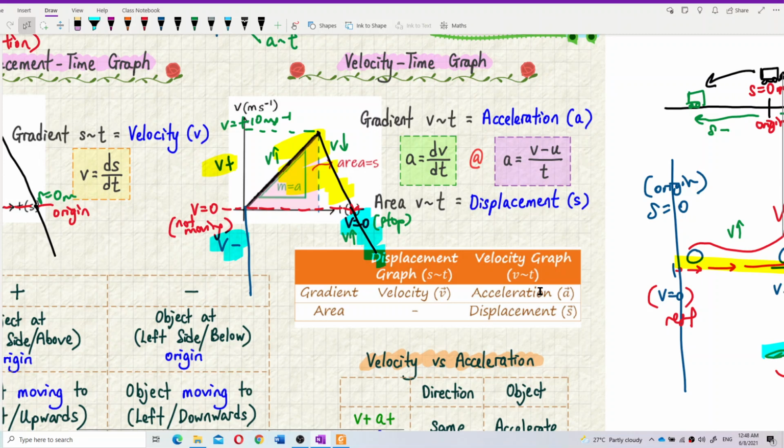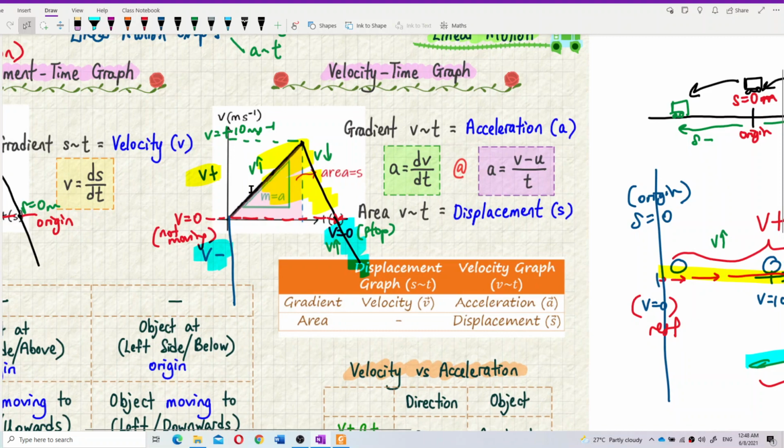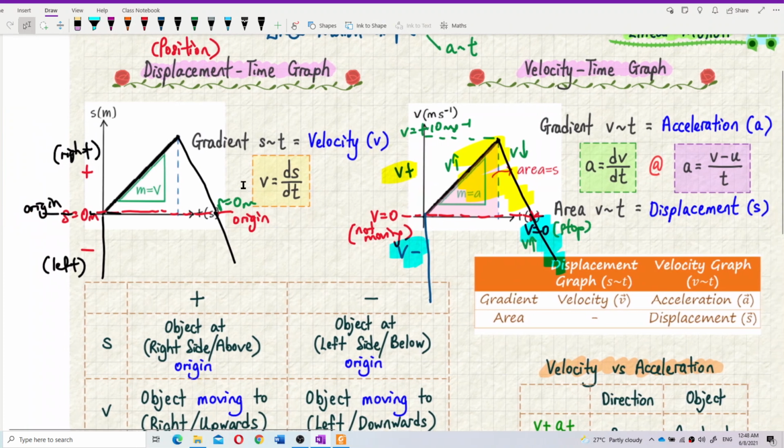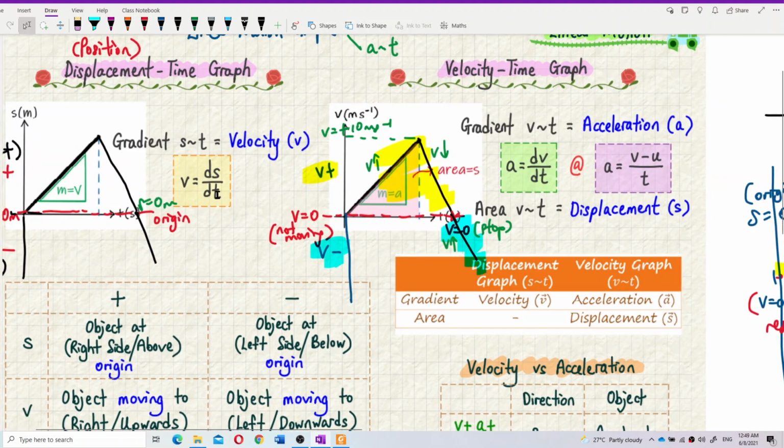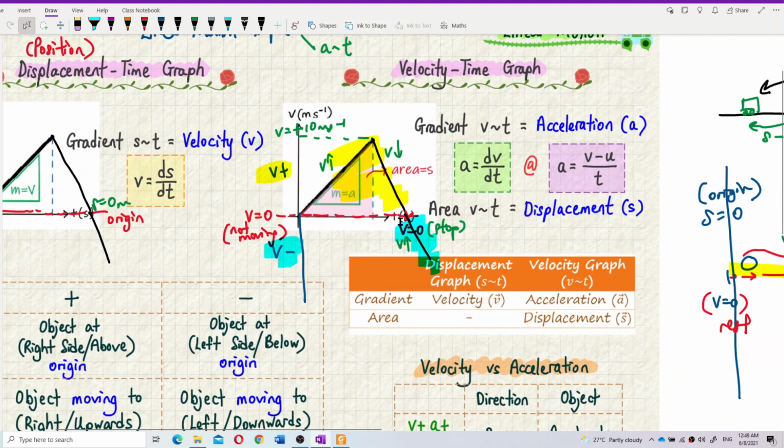That's it. And then another thing for the velocity graph, one special thing is area. We talk about area under the velocity graph. We don't talk about area under the displacement graph. Area under the displacement graph has no meaning. But area below the velocity graph is displacement.